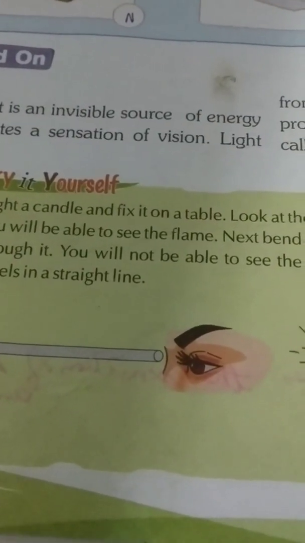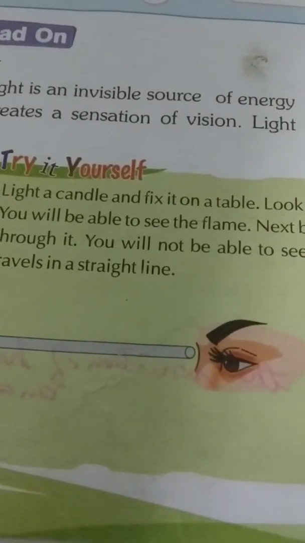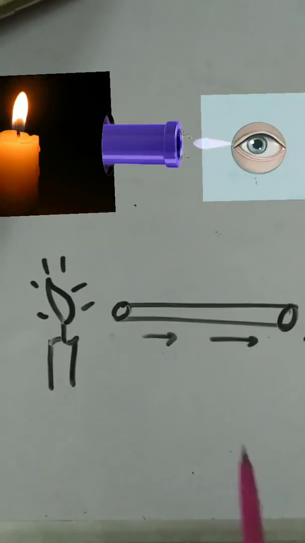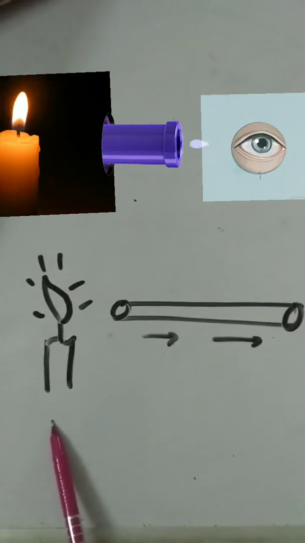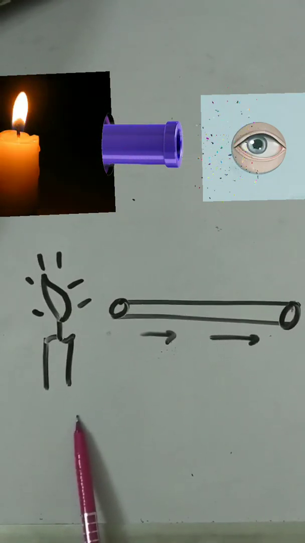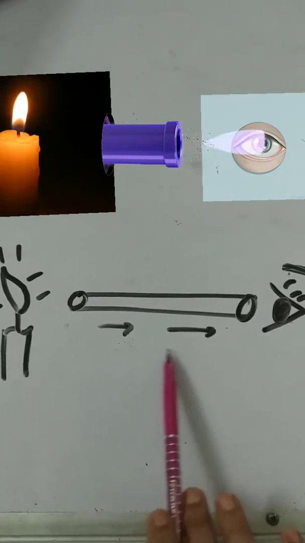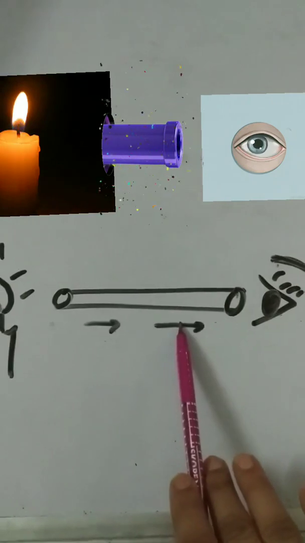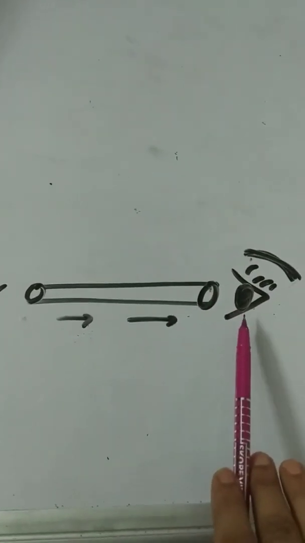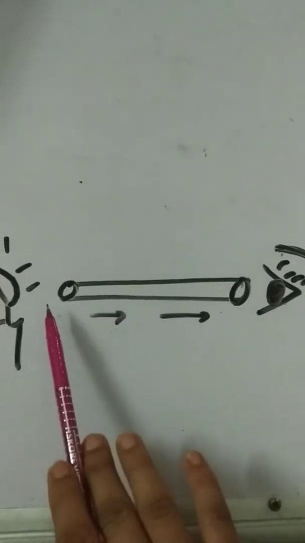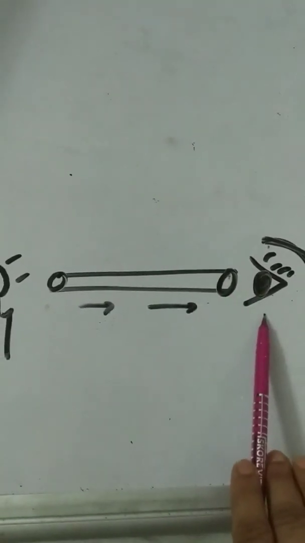To explain rectilinear propagation of light, they have given one activity. Light one candle and fix it on some flat surface. Then through a plastic tube or pipe, we will look at the candle flame. We will be able to see the flame.